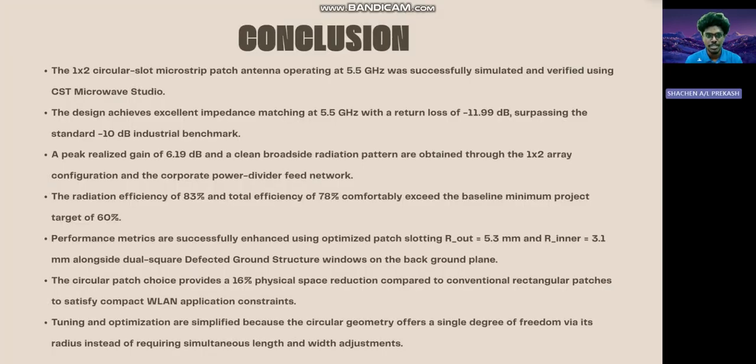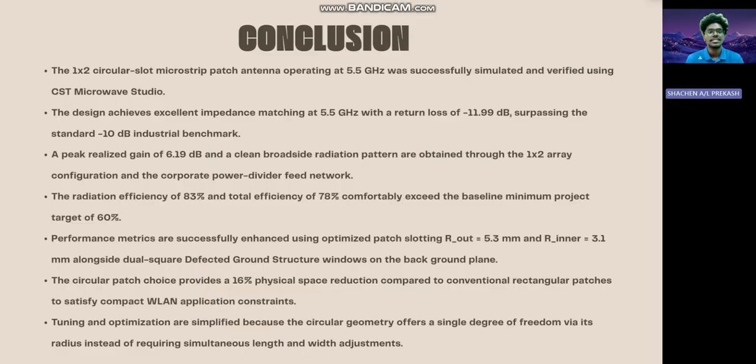Let's move to the conclusion. The 1 times 2 circular slot microstrip patch antenna operating at 5.5 GHz was successfully simulated and verified using CST Microwave Studio. The design achieves excellent impedance matching at 5.5 GHz with a return loss of negative 11.99 dB, surpassing the standard negative 10 dB industrial benchmark.